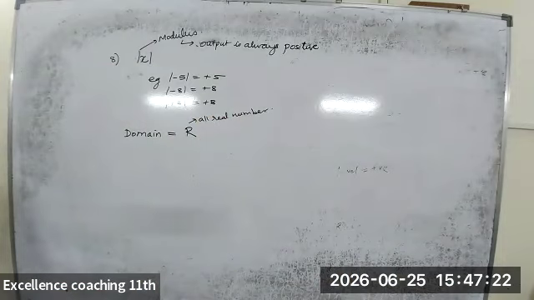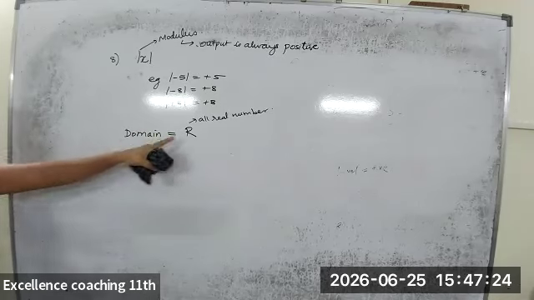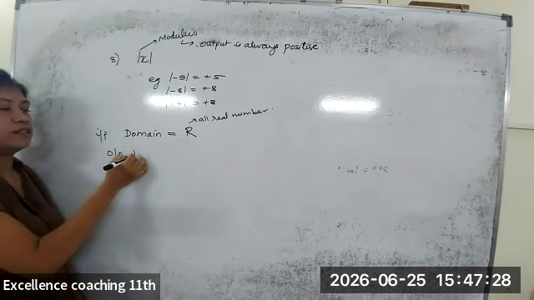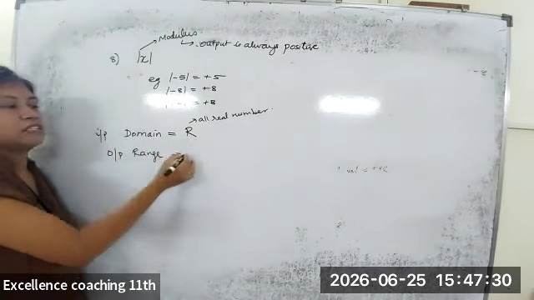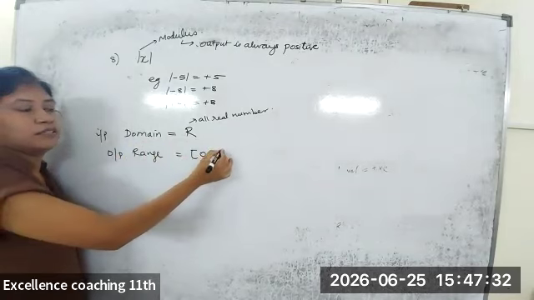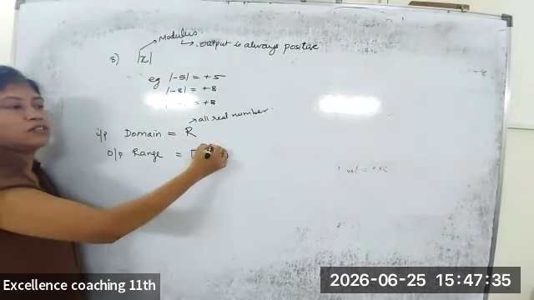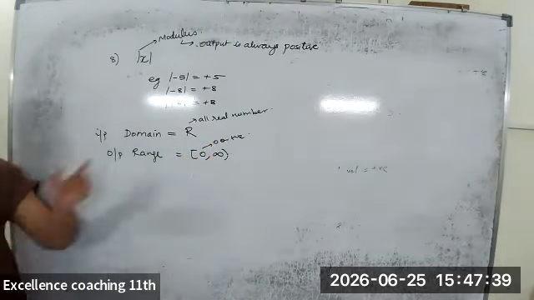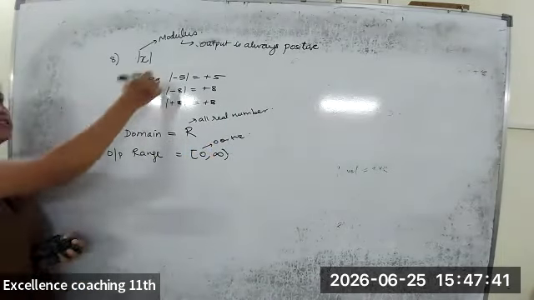Domain means input. Now the output will definitely be positive. The range will start from 0 till infinity. 0 or positive will be the output, because the modulus of 0 will be 0.